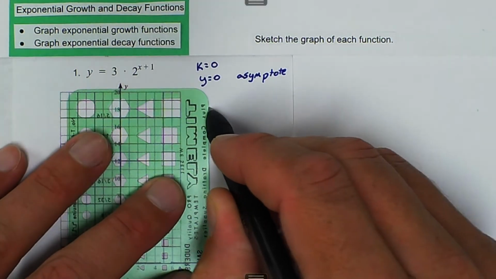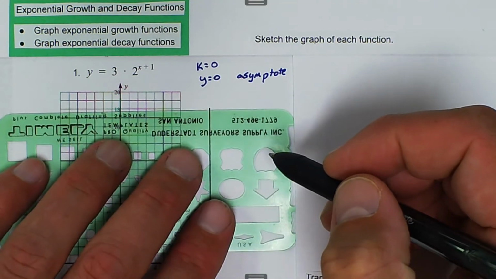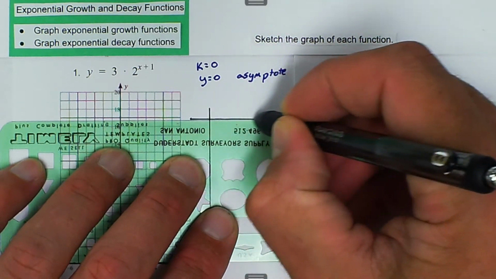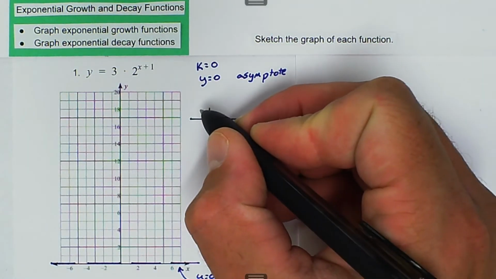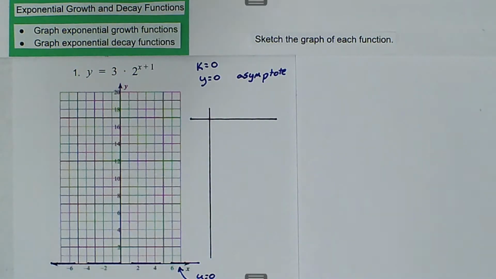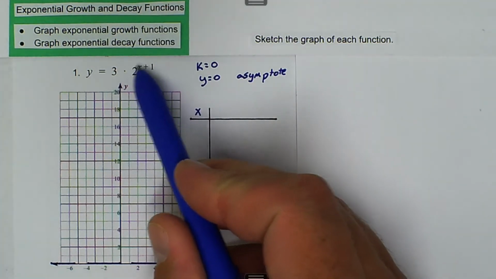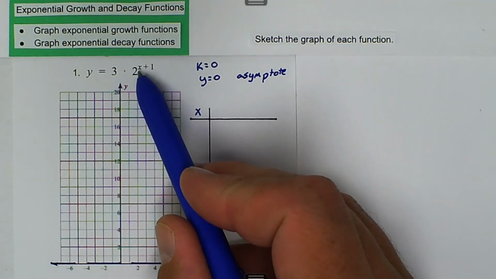We're still going to have the x value, but we're going to set up our y value a little different. Our x value in this case, we want to pick numbers that are going to make our exponent close to 0, 1, or 2.